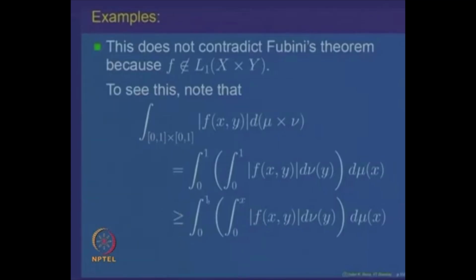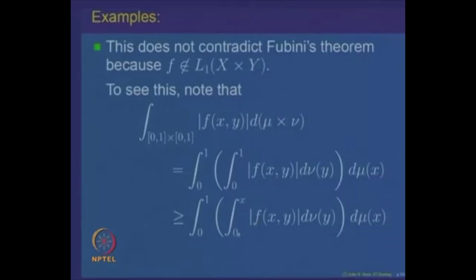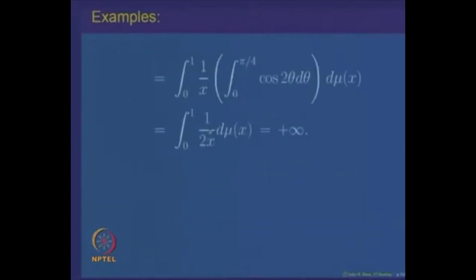So, the integral of the absolute value of f(x, y) with respect to the product measure is bigger than or equal to the integral 0 to 1 of the integral 0 to x of mod f(x, y) d nu(y). Here x is fixed and we integrate with respect to y in 0 to x. Once you compute that inner integral, that is nothing but 1 over x times the integral 0 to pi by 2 of cos 2 theta, and that can be computed, and that comes out to be 1 over 2.